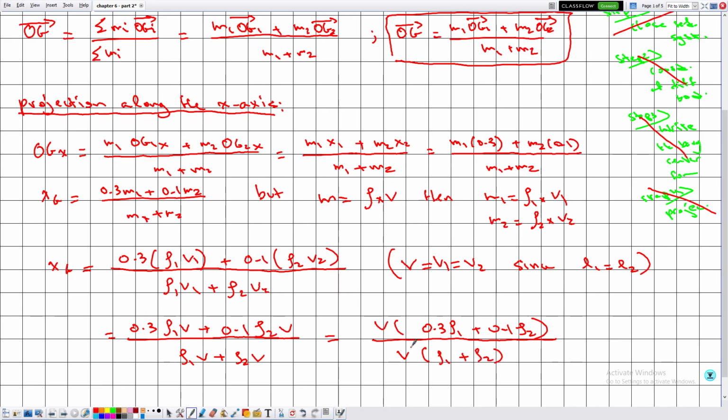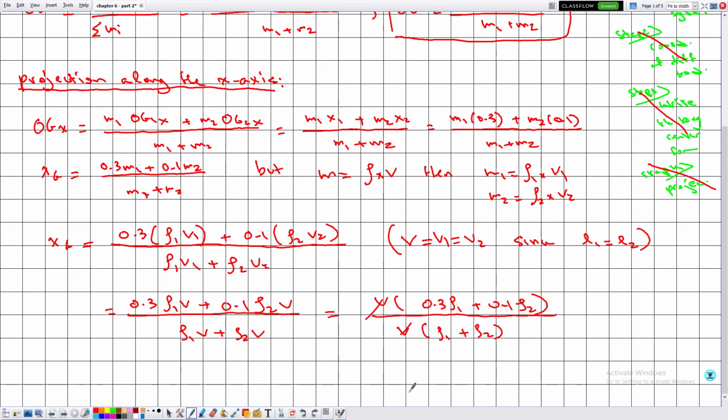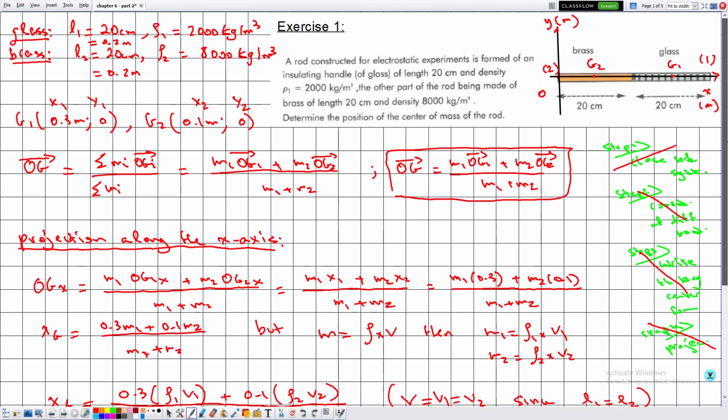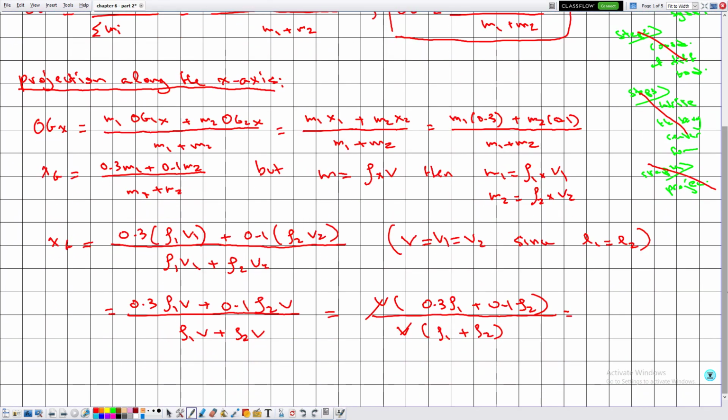Now we can simplify by V. So as you can see, in this case the volume is not important, it simplifies. Now the value of rho 1 is given to be 2000 and rho 2 is given by 8000. So this is equal to 0.3 multiplied by 2000 plus 0.1 multiplied by 8000 divided by 2000 plus 8000. Let me make sure of the numbers.